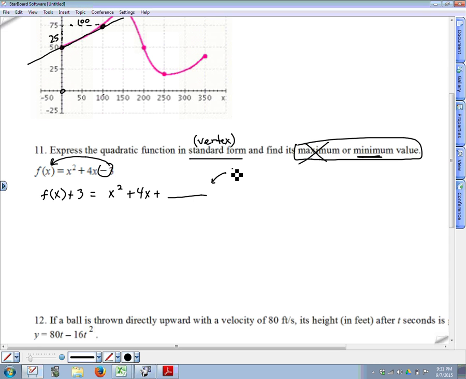So the formula is half of the b value raised to the second power, where this is b right here. So half of 4 is 2, 2 squared is 4. So adding a value of 4 to the right side completes the square on the right side, but since this is an equation, whatever change you've made to the right side, you've got to make the same change to the left side.